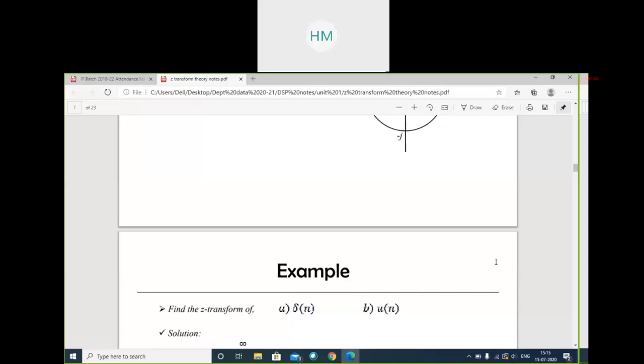Simplified, what is the Z transform of del of n? See students, if you will be interactive, then it will be very good. You will understand it properly.